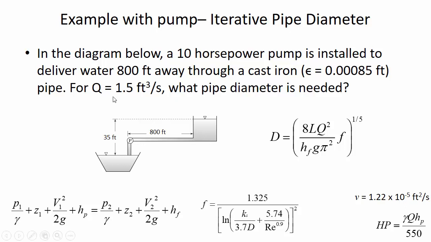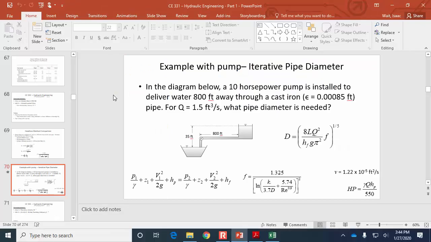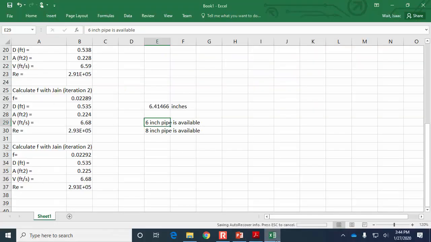Okay, so you're right that the flow rate's going to change, but if it's a 6-inch pipe and what we really need is a 6.4-inch pipe, how is the smaller pipe going to change things? Remember, what does a small pipe do compared to a big pipe? It increases pressure. Well, the velocity is going to change, like if you just think about Q equals VA, but think about resistance.